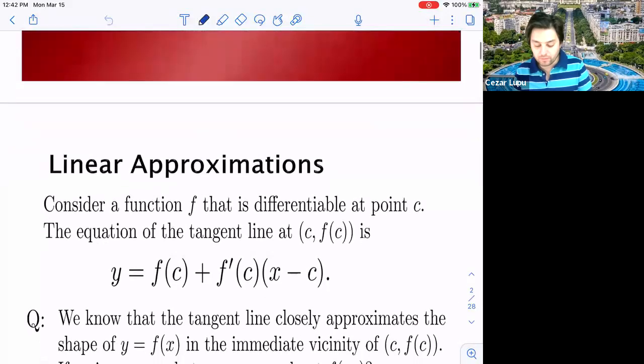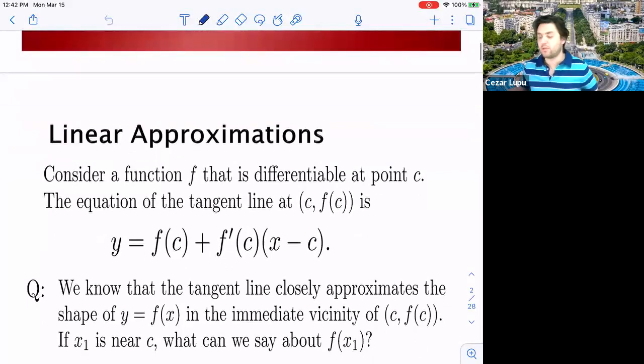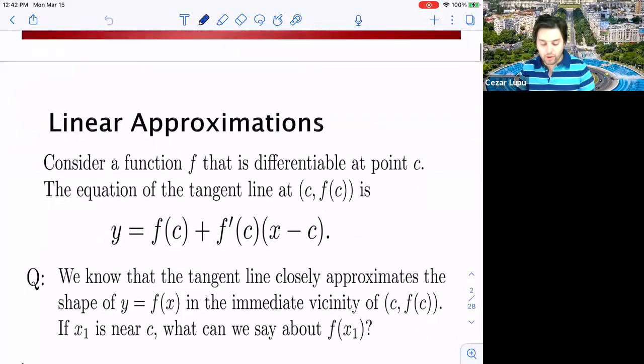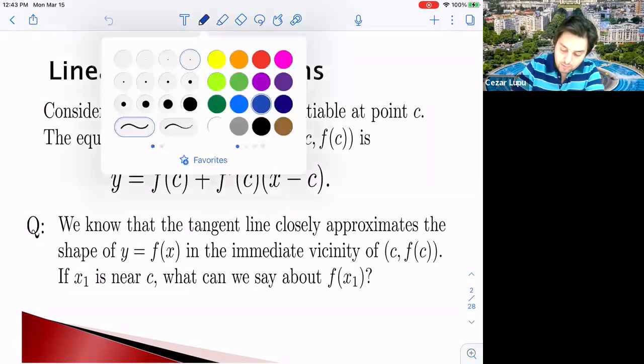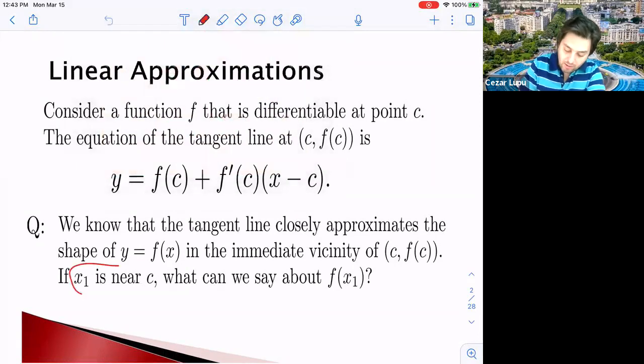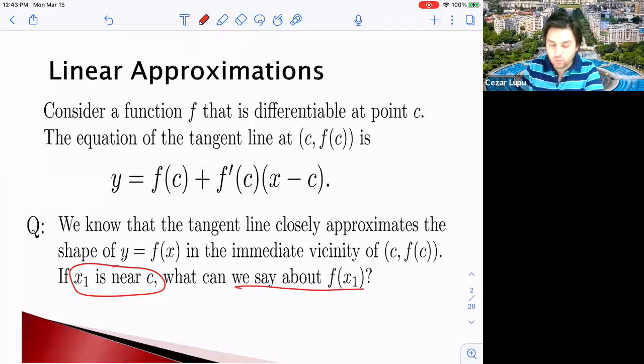All right, so the question we would like to answer is the following. We know that the tangent line closely approximates the shape of y equals f of x in the immediate neighborhood of c, f of c. Now the question is, if x1 is near c, that is the thing that we're interested in, what can we say about f of x1?